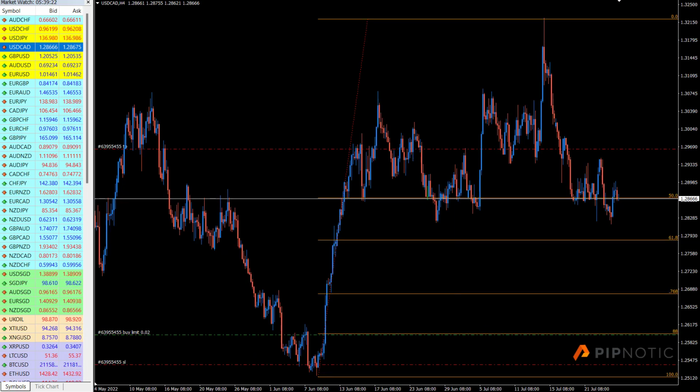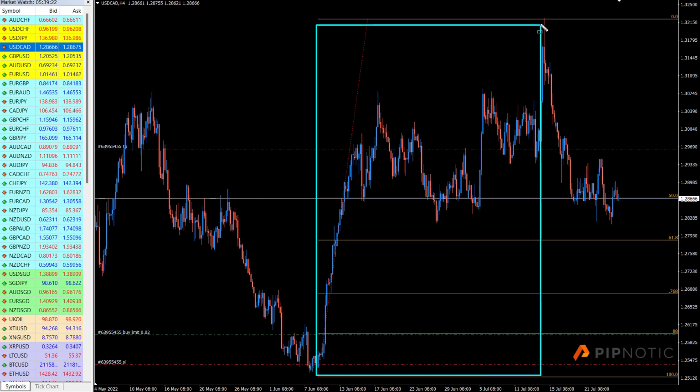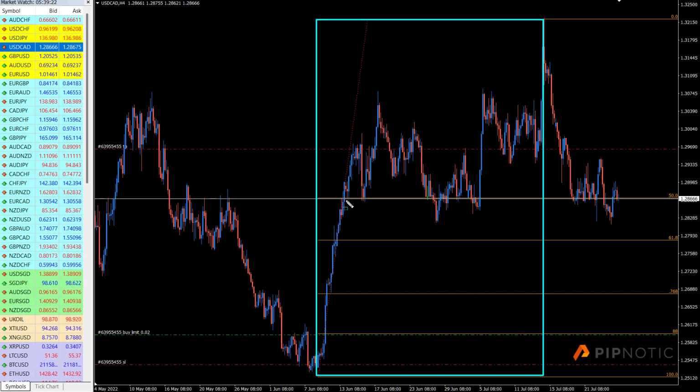And if we put our box back on, we have 50% right here, and then we have 75%, which is around right here, and we're at a very, very cheap price for this asset.